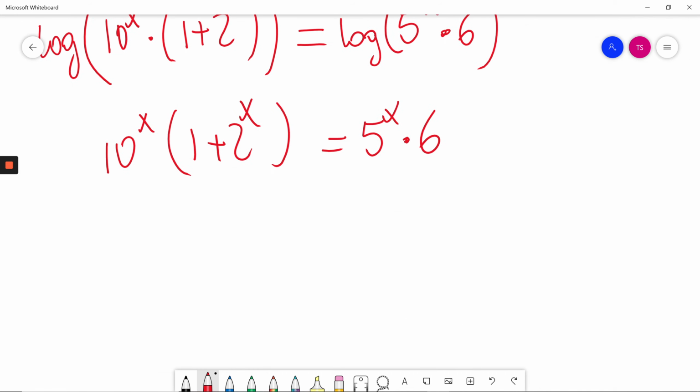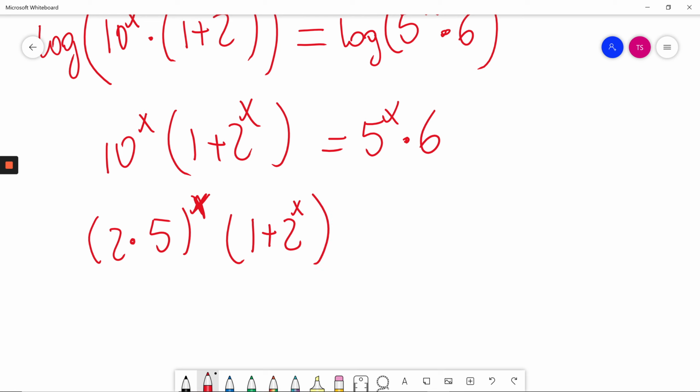At this moment, I'll write that 10 to power of x, 10 is just 2 times 5. I'll write it as 6 times 5 to power of x.